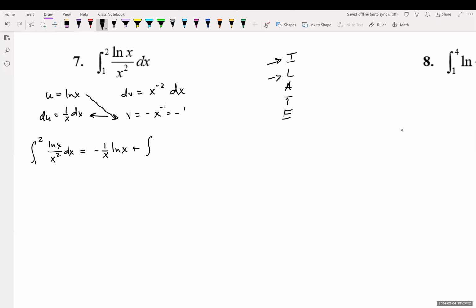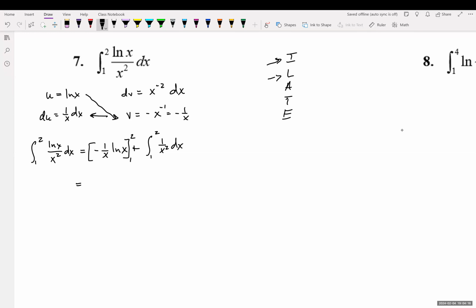This is the same as 1 over x. So when you take the v du, you're going to get 1 over x times 1 over x, which is 1 over x squared dx. And this is a definite integral, so we need to evaluate here from 1 to 2, and we still have to evaluate this integral from 1 to 2.